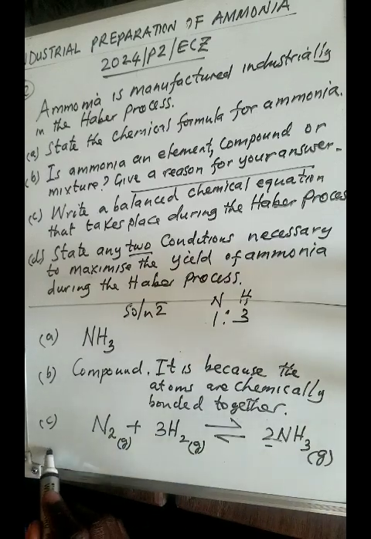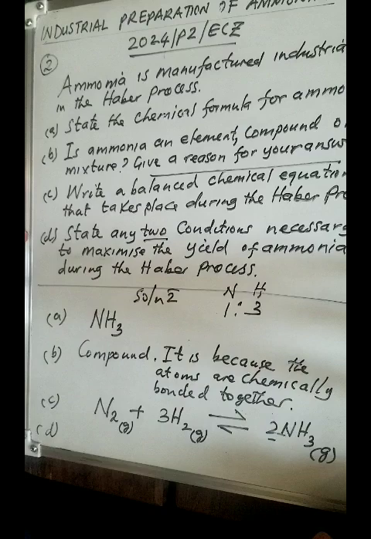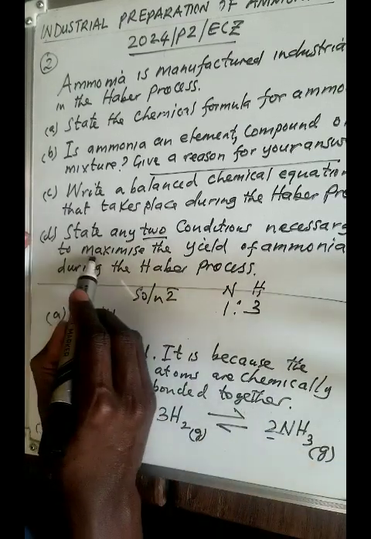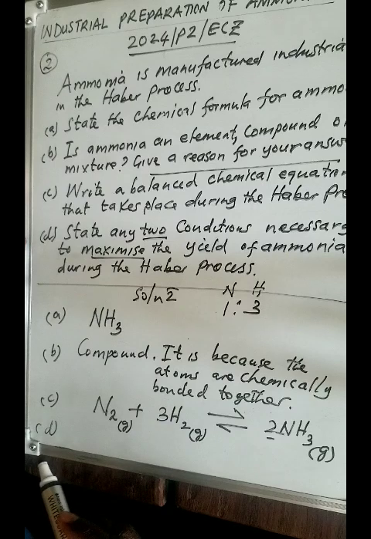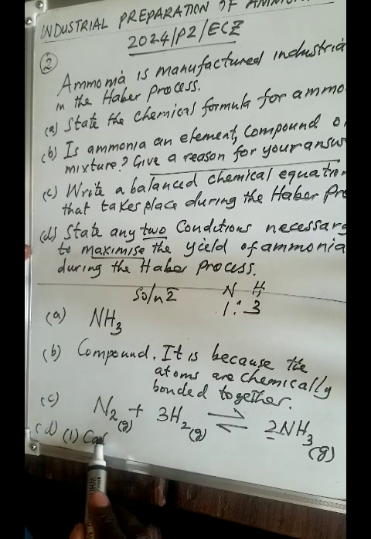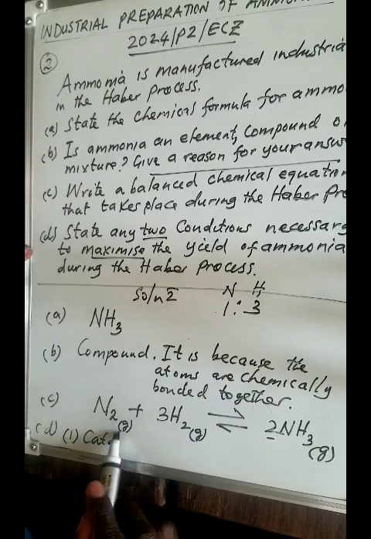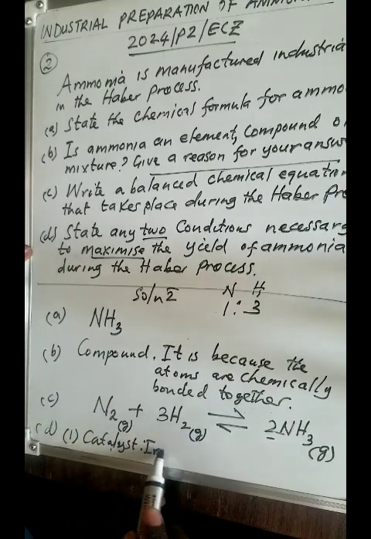Then the D part says state any 2 conditions necessary to maximize the yield of ammonia during the Haber process. So what conditions are needed to maximize? 1, you need a catalyst. So you can use a catalyst. That catalyst is iron.